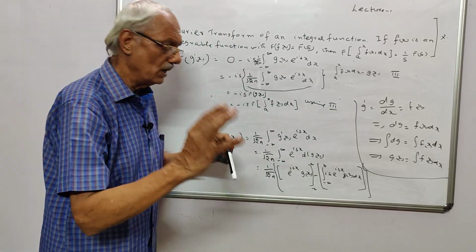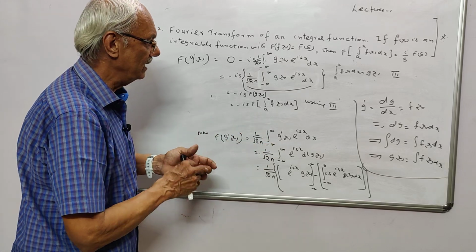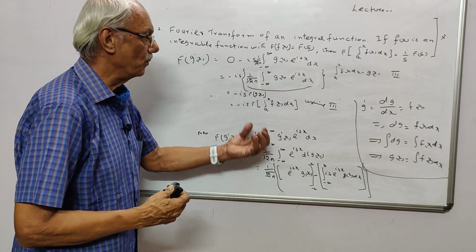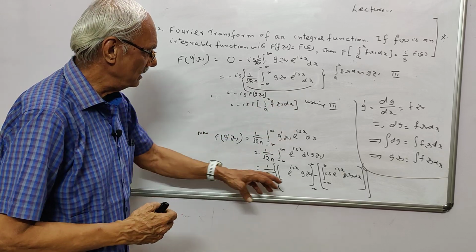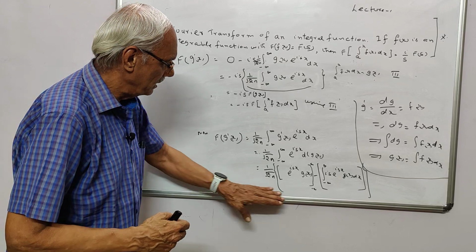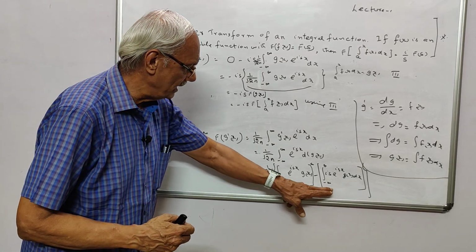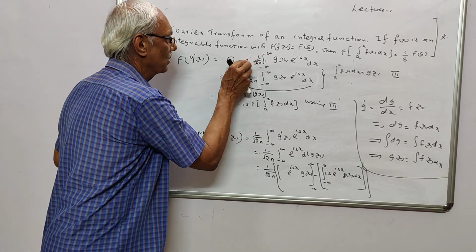I have not done anything new. I am doing my work and carefully watching what I am doing, because unless I take care to write properly, even a small mistake can lead me to a wrong answer. So you see that I have come here. As I told you, this particular part is 0. So I have taken this and I am writing it here for your understanding.